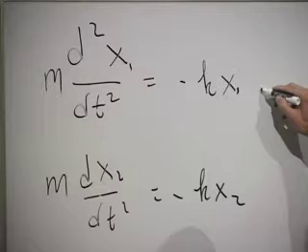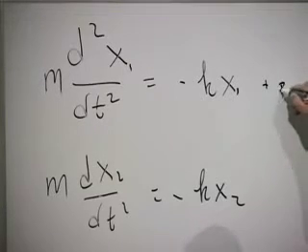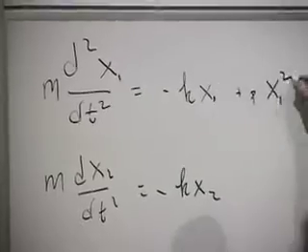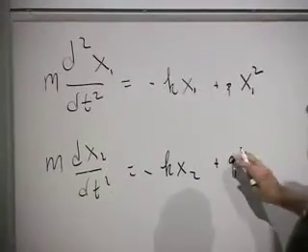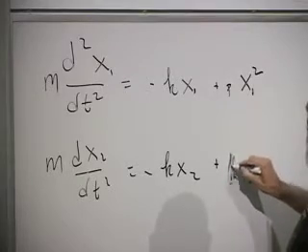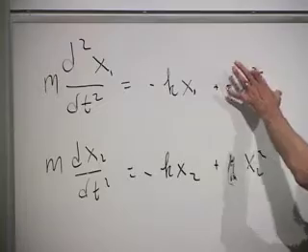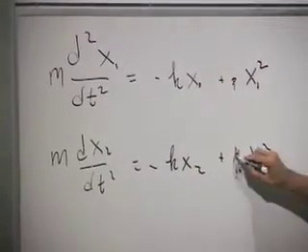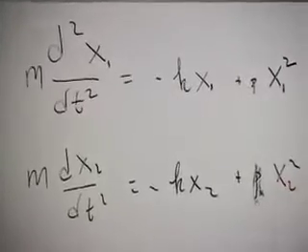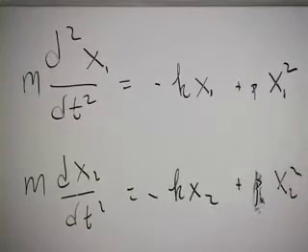Suppose I put here another term, let's call it p, times x1 squared, plus p x2 squared. These are both solutions of the same equation, but the equation is now nonlinear. Nonlinear means it has quadratic things in the fields, x squared.